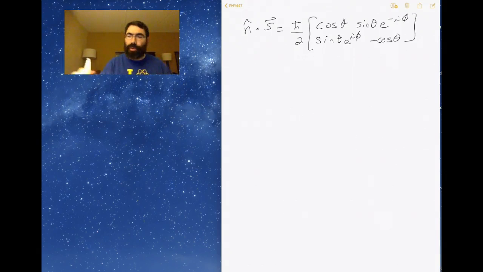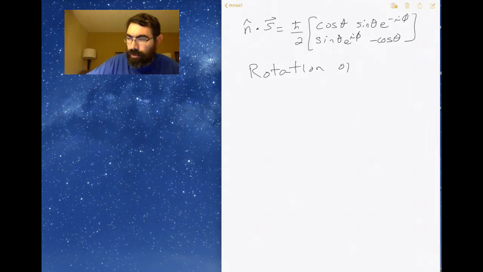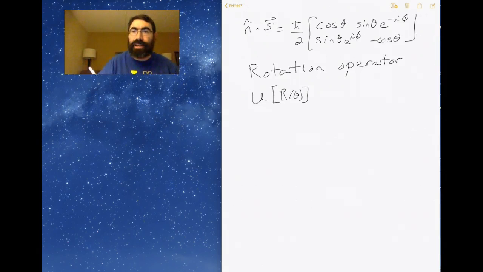If we start with a rotation operator, we'll call it U, rotating about some finite angle theta, we would write this as e to the minus i theta vector dotted into the spin, divided by h bar.